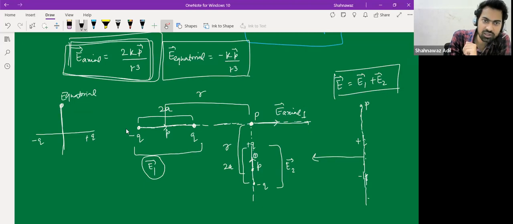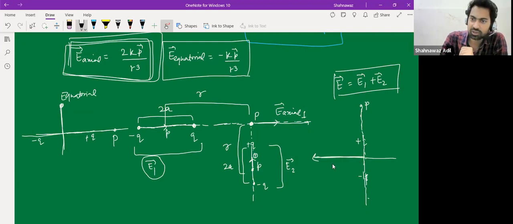And this is the axial one, in the line of this dipole. So what is the line of this dipole? Axial line. So this would be an axial point, in this direction.